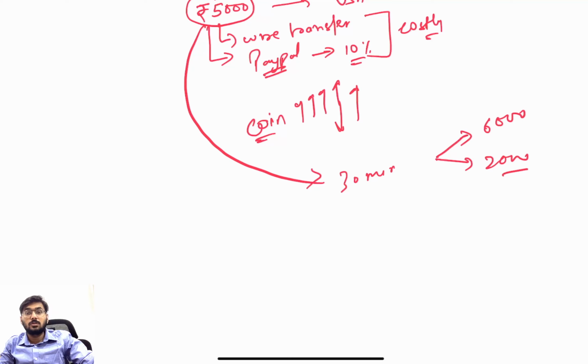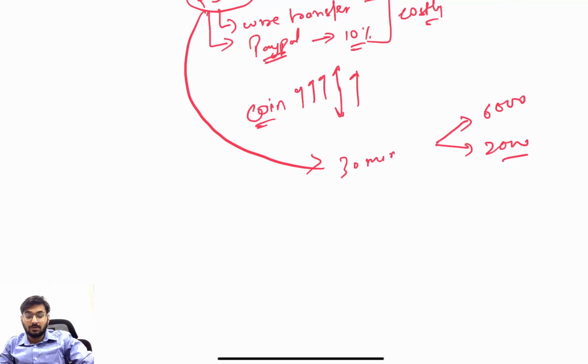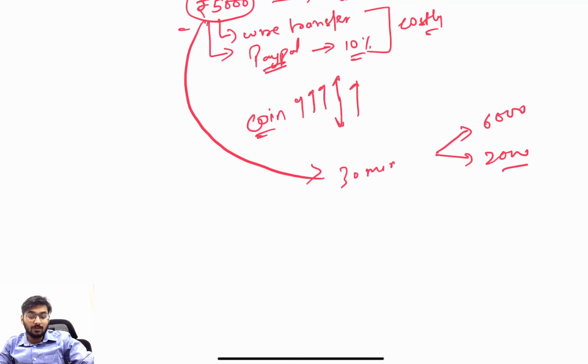Any of the possibilities. Means I have sent 5,000, but the moment you received it, it became 2,000 or 6,000. Clear? So it's very important to understand that these bitcoins are not that safe. They are highly volatile. Clear? Hope you understand this.